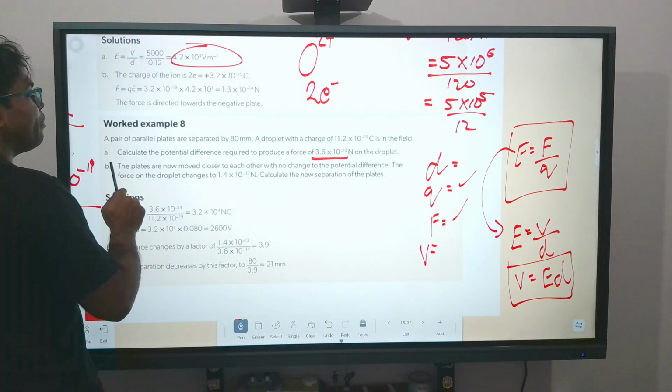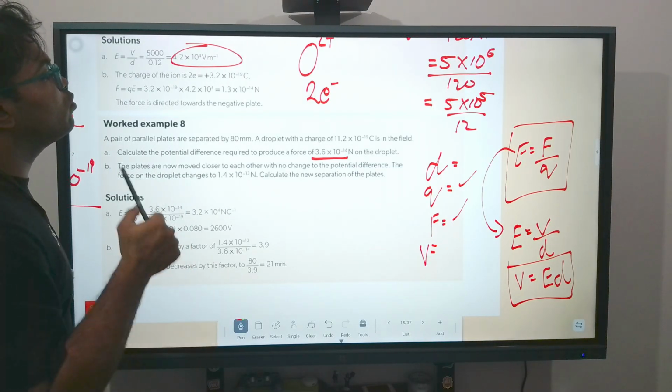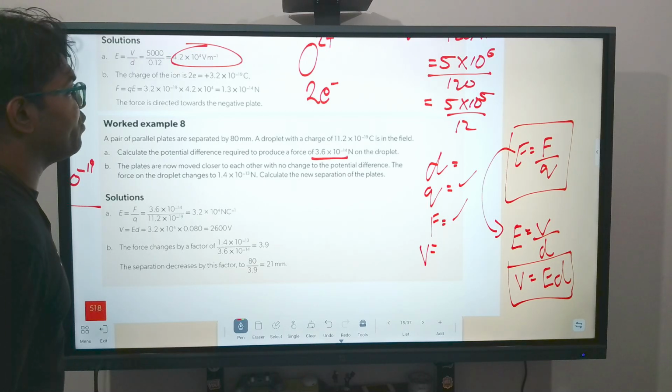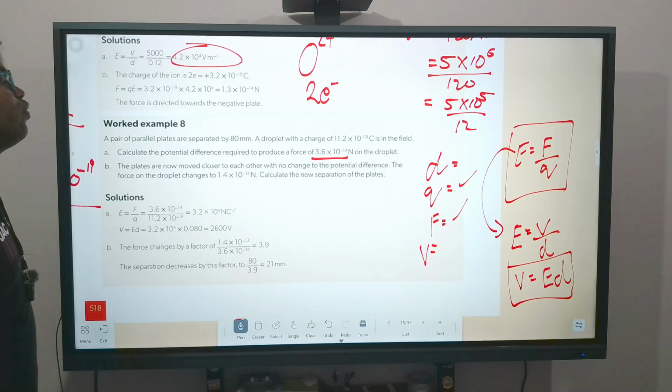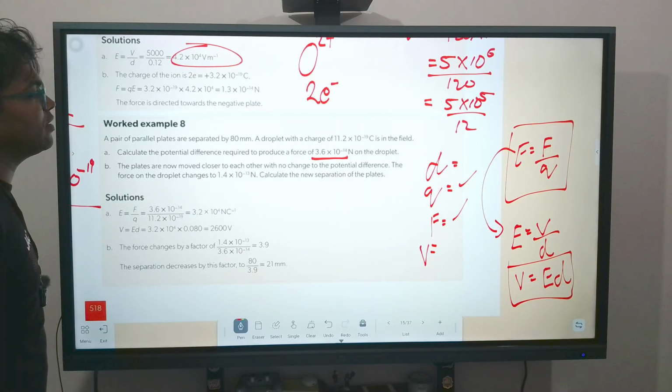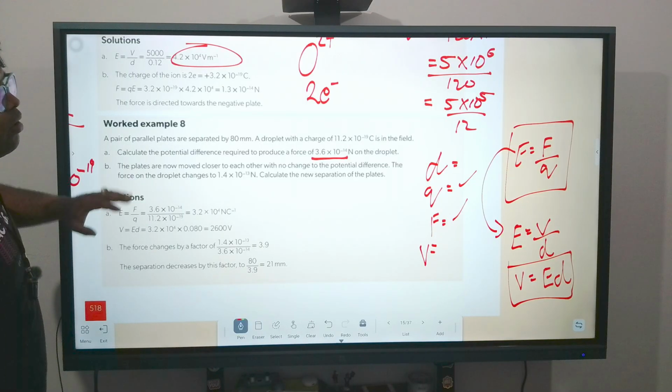There's one more question. The plates are now moved closer to each other with no change to the potential difference. The force on the droplet changes to 1.4 into 10 raised power minus 13 newtons. Calculate the new separation of the plate. Okay, so what happened?